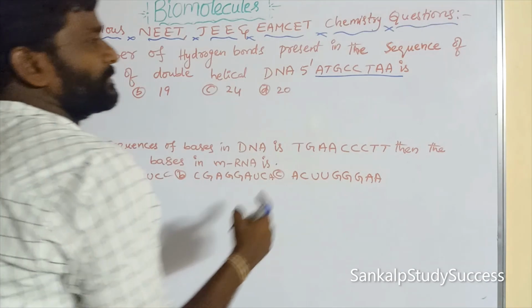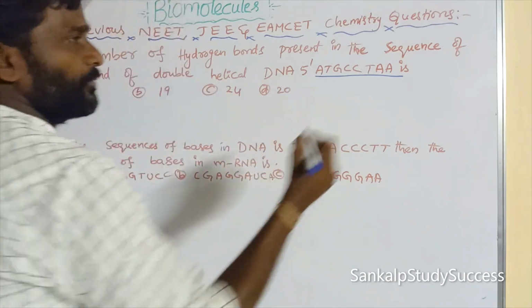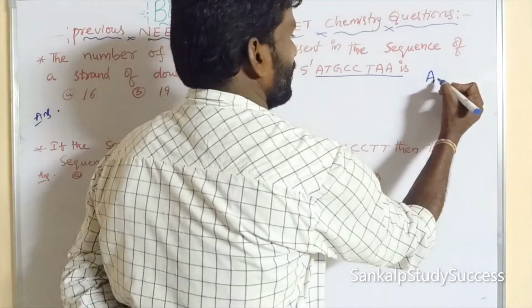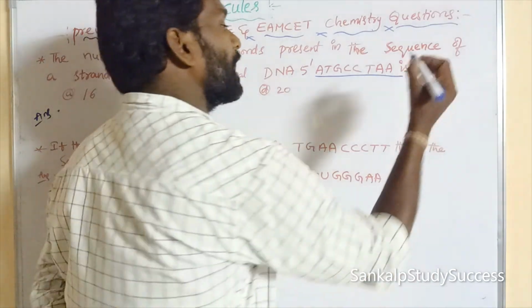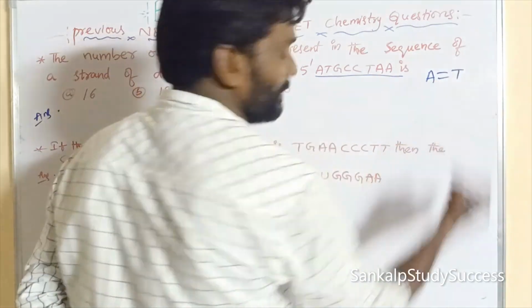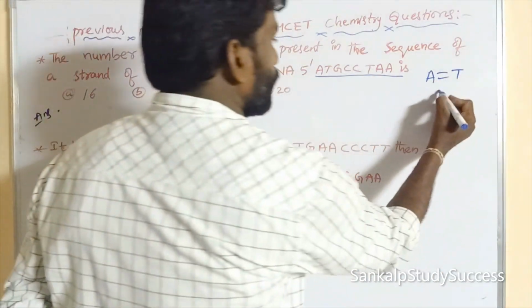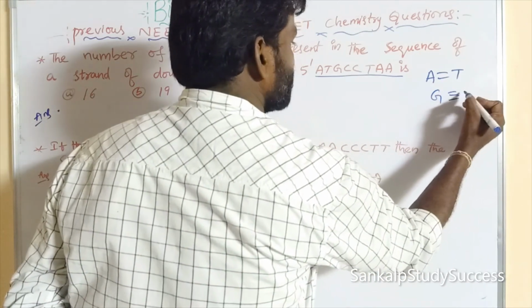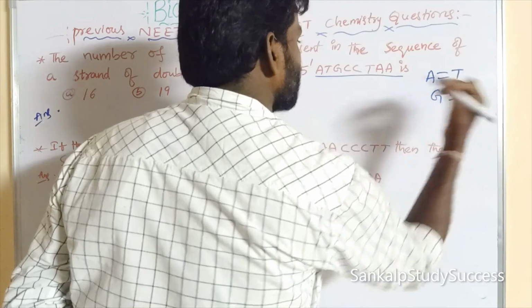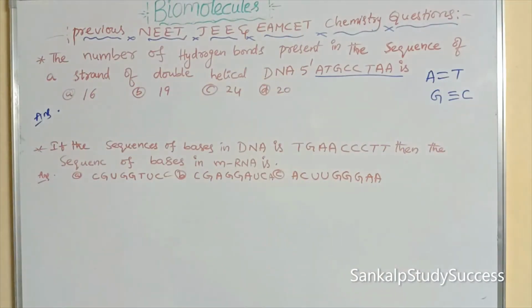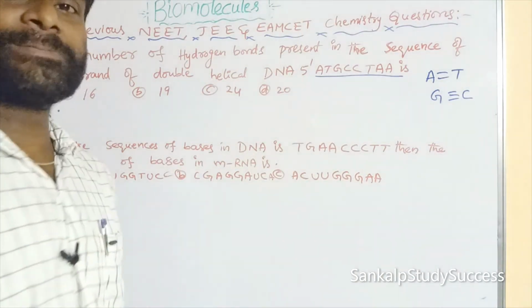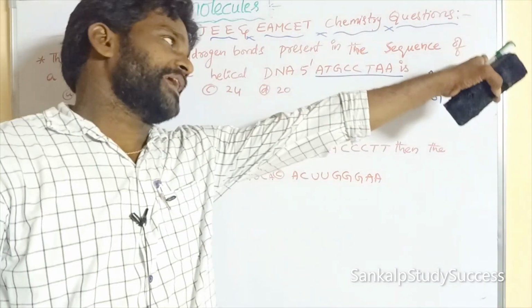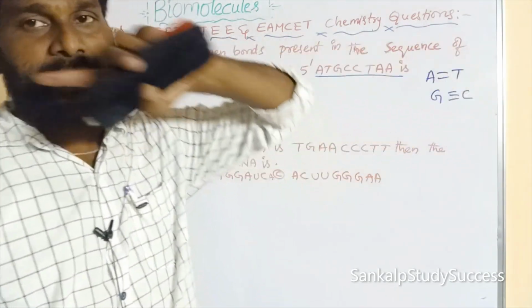We know that in DNA, adenine forms 2 hydrogen bonds with thymine, and guanine forms 3 hydrogen bonds with cytosine. The hydrogen bonds are present between adenine and thymine, and guanine and cytosine.